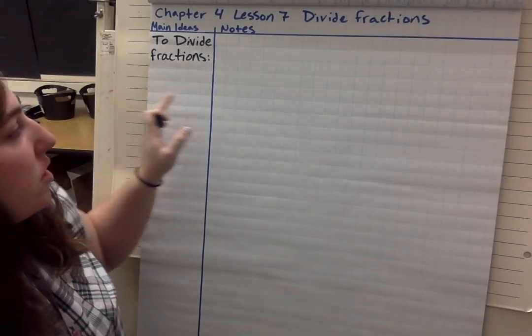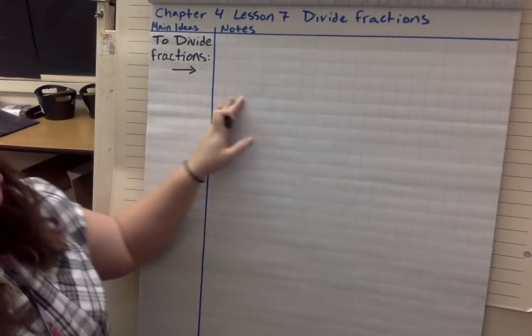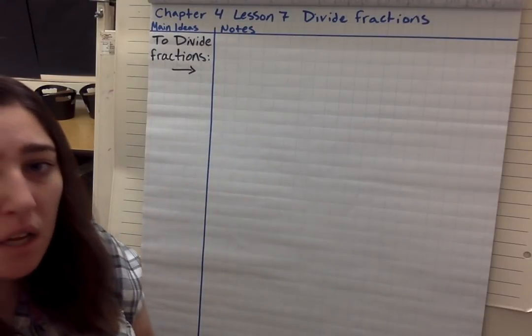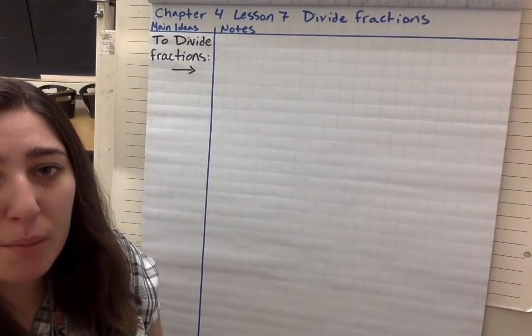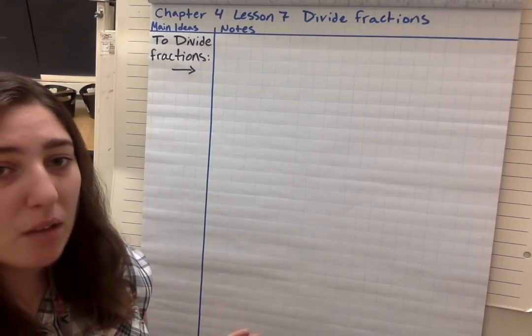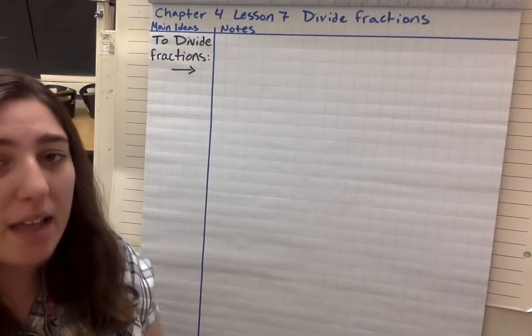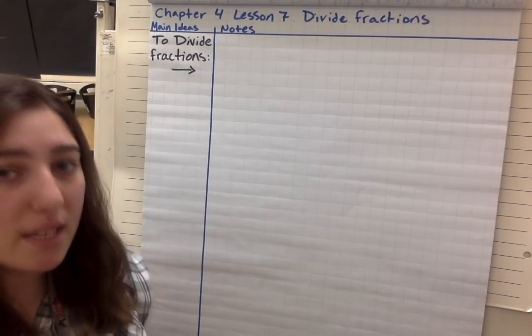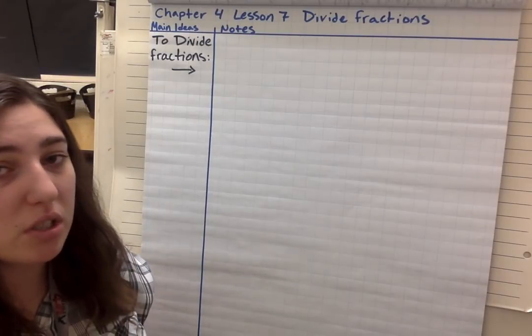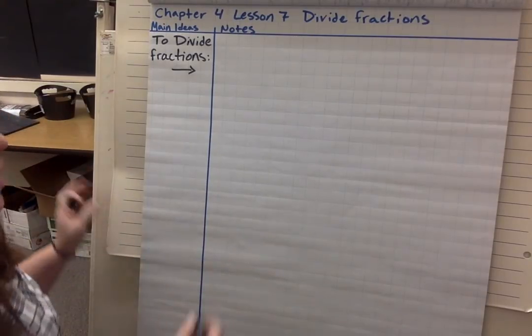To divide fractions, this is what we're going to need to do, and I'm going to draw an arrow so we know to look over here. So if you remember from Lesson 6, we used the strategy to rewrite the whole number as a fraction, change the sign, and then write the reciprocal. This is going to be very similar, it's just going to look a little different, and we're going to be saying this all the time in class.